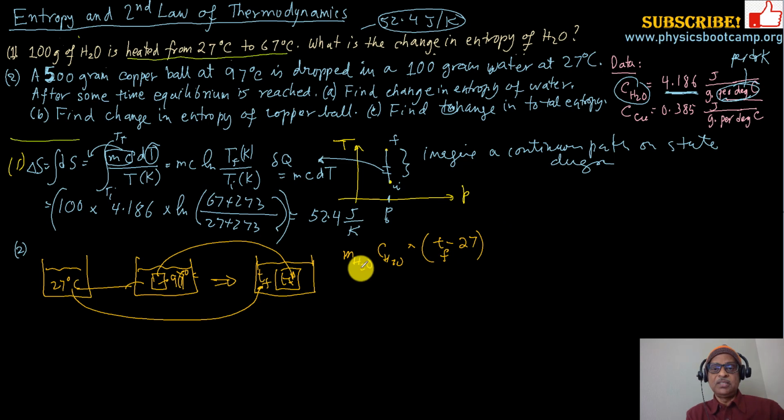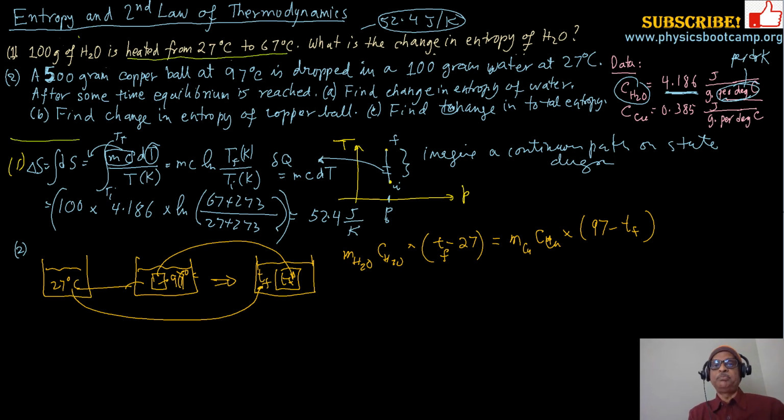So this is the energy gained by water, which will be the energy lost by the copper block, m c times 97 minus TF.